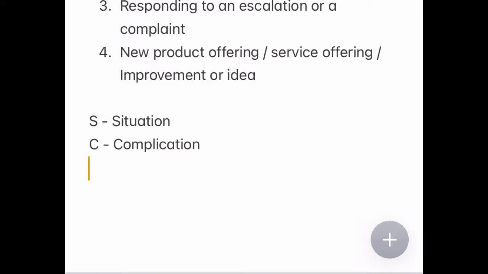And there is a question as to how to solve it. And there is an A, which is an answer, a solution to that problem. Sometimes you put question and answer together as well, or you can call it a result, right? SCQA or SCR.